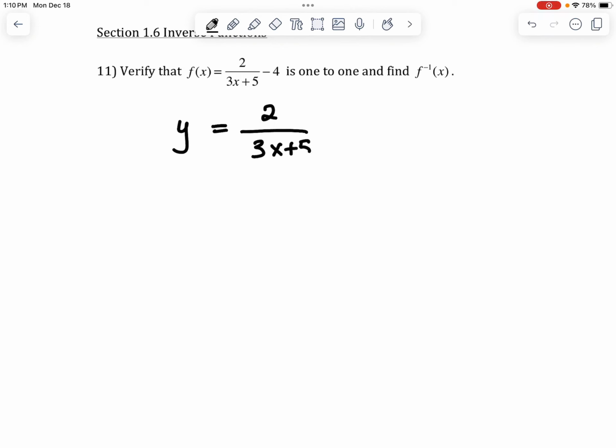It means the same thing. Now reverse the role of the x and the y. So wherever there was a y, now use the letter x. Wherever there was an x, now use the letter y. And then solve for y.